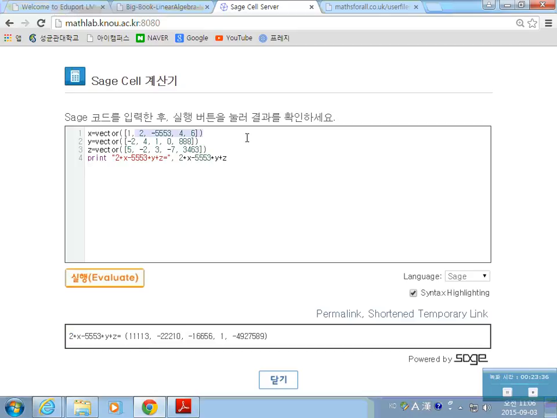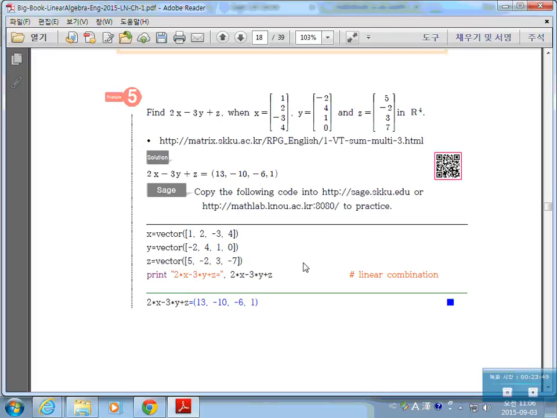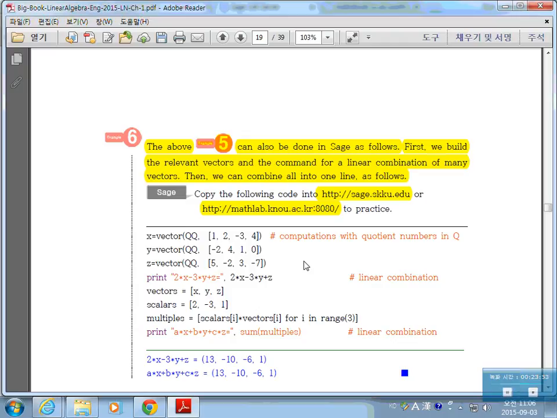This can be done for any vectors in Rn. So now at least you can make any linear combination of given vectors as you need. This linear combination is a very important concept that I will explain.